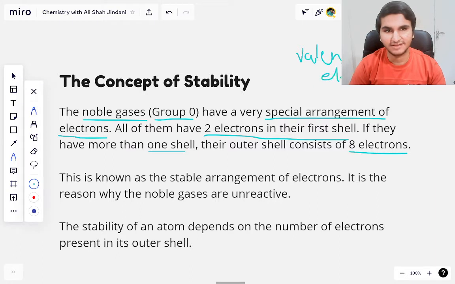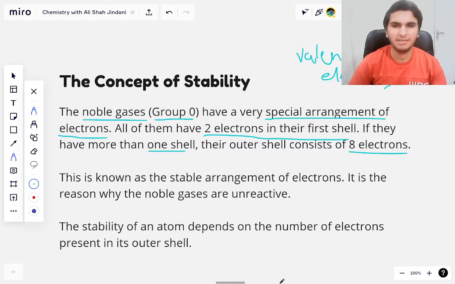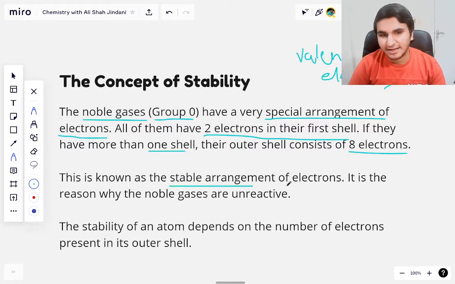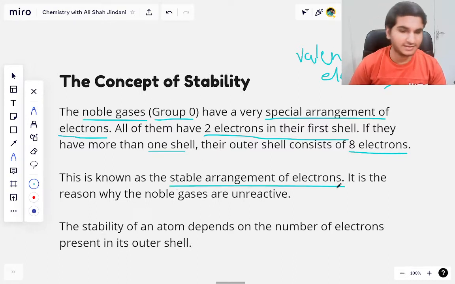You can also call them electrons in the last shell, outer shell electrons, or valence electrons, right? So we call this a stable arrangement of electrons. Why? Because every shell has been satisfied by 2 or 8 electrons, right?